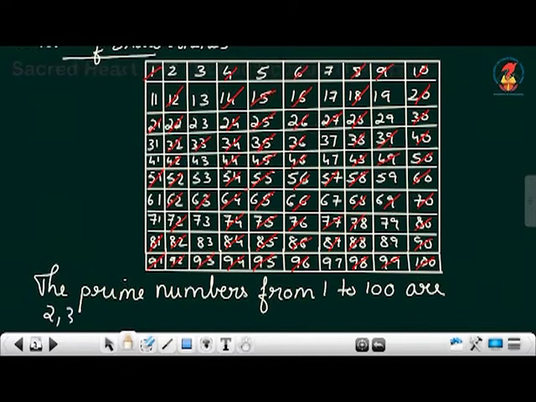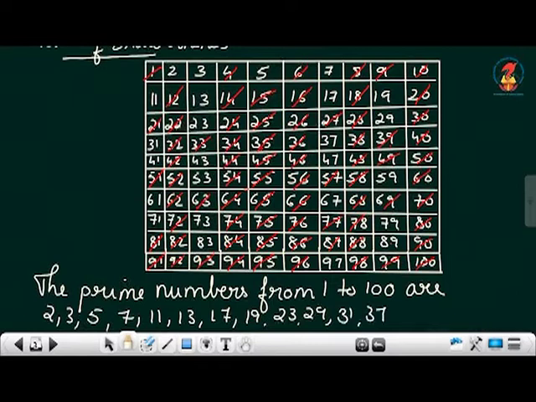You have 2, 3, 5, 7, 11, 13, 17, 19. Then after that, next line, 23 and 29. Okay. Then next line 31, 37.